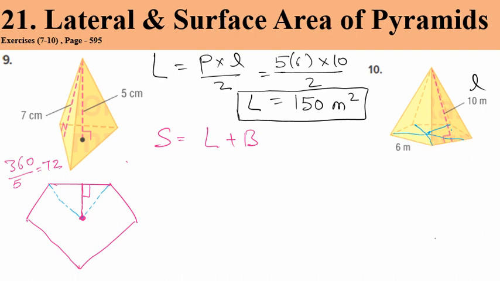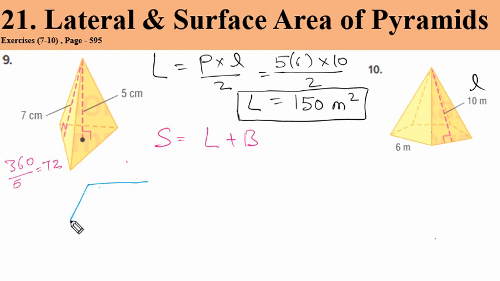Since it is a rough drawing, let me try to draw it uniformly then, so it will look like all triangles are the same. Now here we have the center, so this is triangle number 1, triangle number 2, triangle number 3, triangle number 4, and 5.